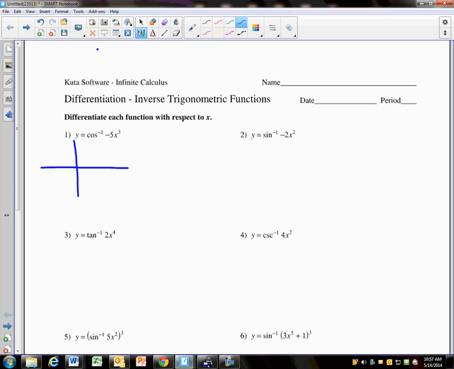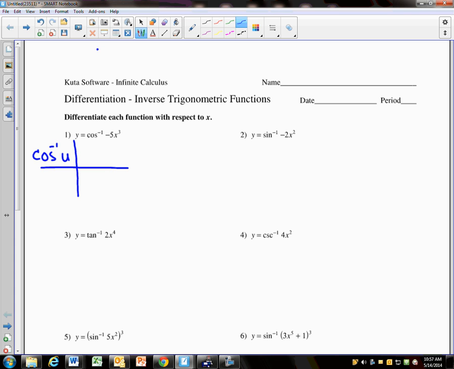Find the derivative. If you were going to find the derivative of cosine of negative 5x to the third, what rule would you use? The chain rule. If we're going to find the derivative of cosine inverse of negative 5x to the third, we have to use the chain rule as well. The outermost function is cosine inverse of u.